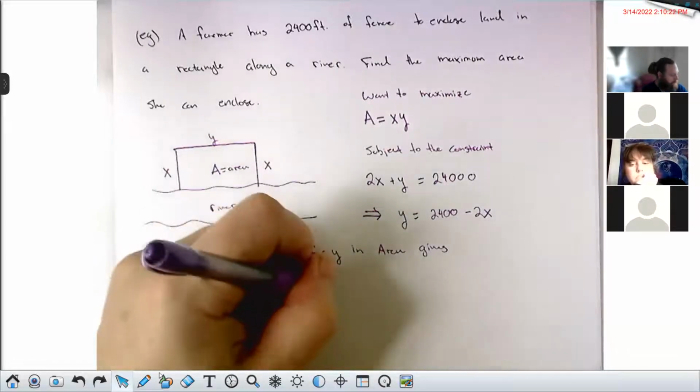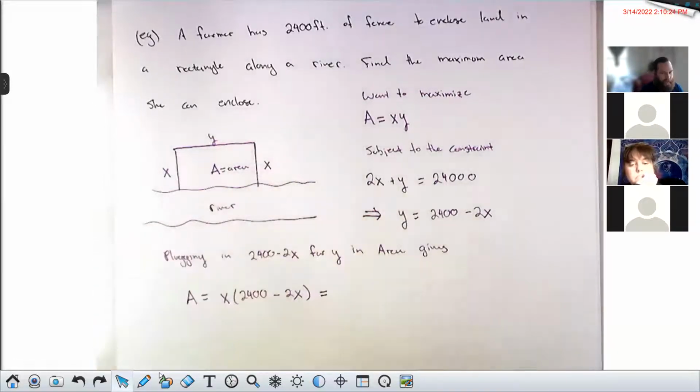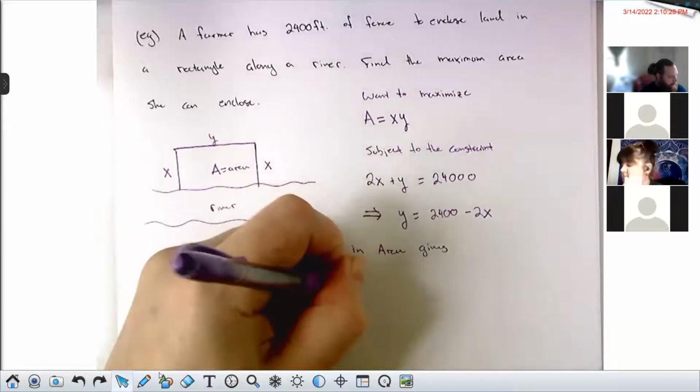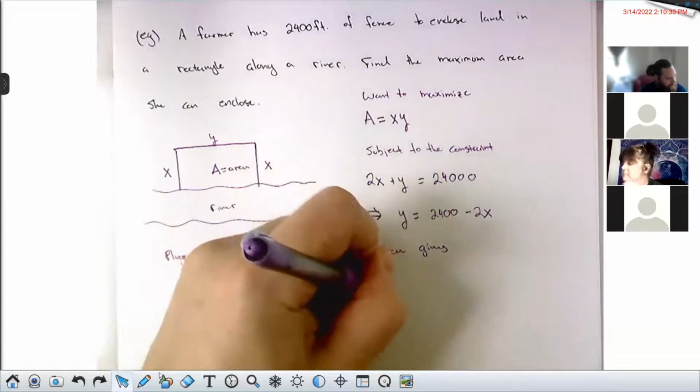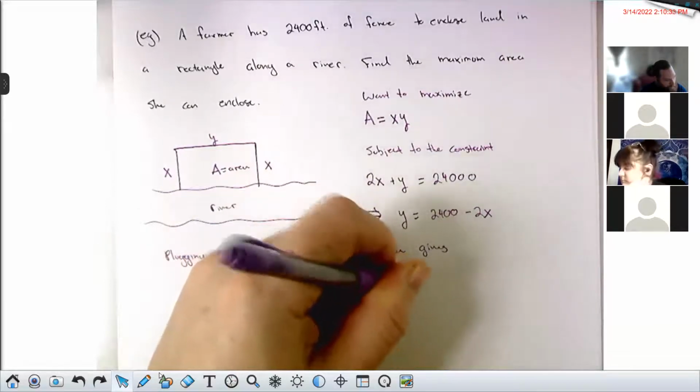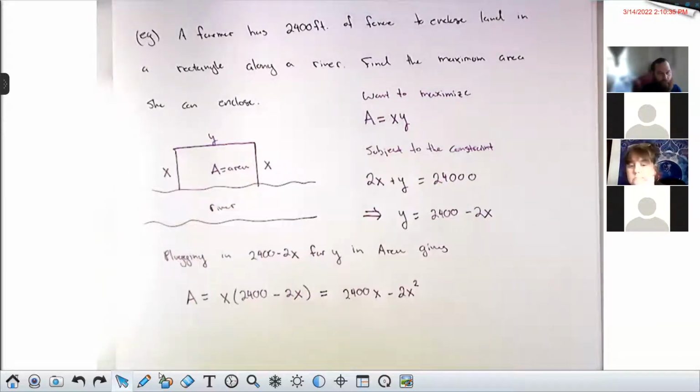It might be useful to go ahead and distribute that x so I don't need to use the product rule to differentiate. So I get 2400x minus 2x squared.